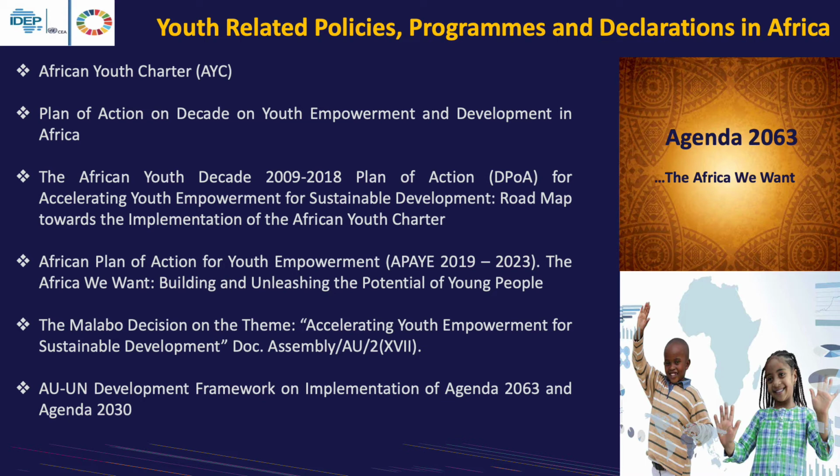We will also look at the African Plan of Action for Youth Empowerment, APAE 2019 to 2023, on the theme The Africa We Want, Building and Unleashing the Potential of Young People.